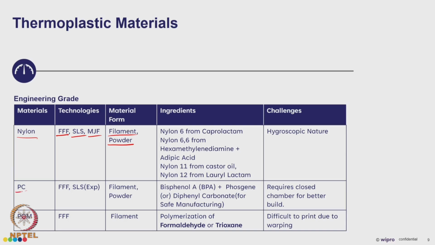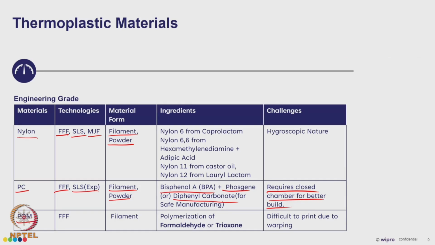The next material we have here is polycarbonate. In FFF we have a commercial filament available, but in SLS it's in the experimental stage. It's a combination of bisphenol A, that is BPA, along with phosgene, but when we want to make the raw material in a safer way, then people will go for diphenyl carbonate, and this also requires a closed chamber for a better build.